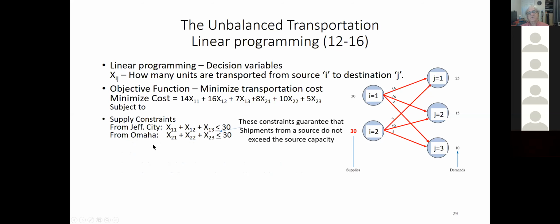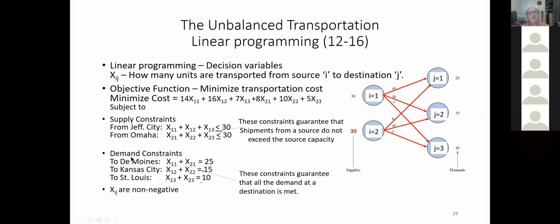Here are the supply constraints. See? Now you have 30 and 30, and both are less than or equal to. Now, why both? Because you don't want to determine for the model which one is going to be the source that will not work full time. You want the model to decide based on cost minimization.